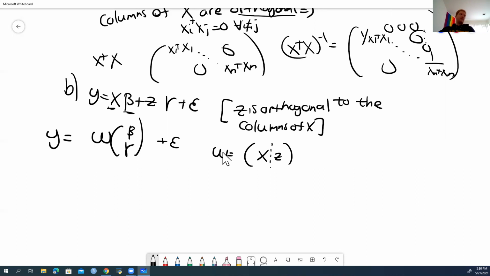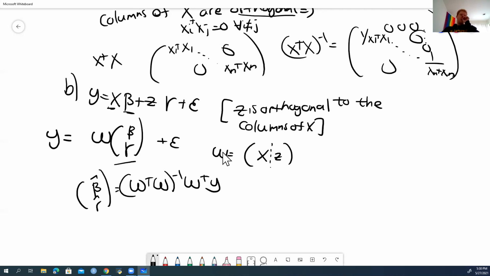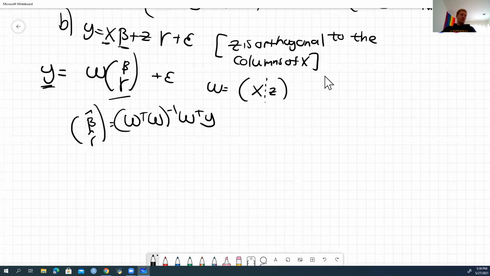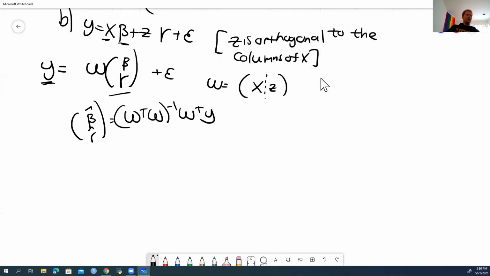So we know that this estimated vector, (beta hat, gamma hat), would be equal to (W transpose W) inverse W transpose Y. And this Y is the same as before, right? So let's look at what this is.